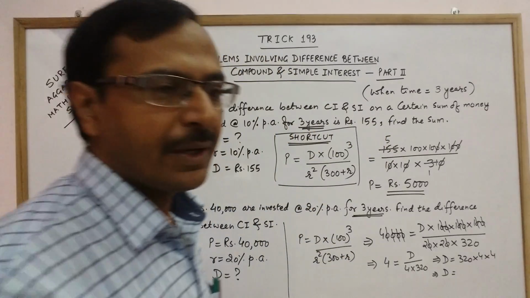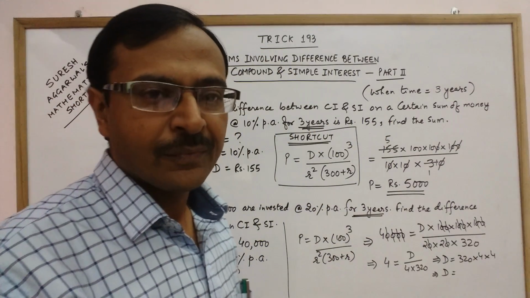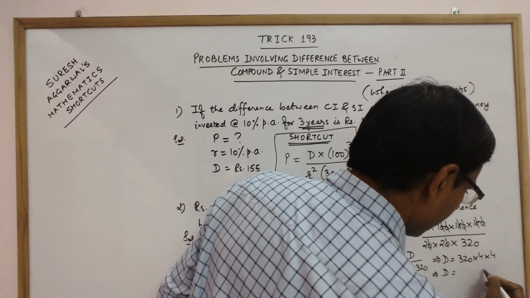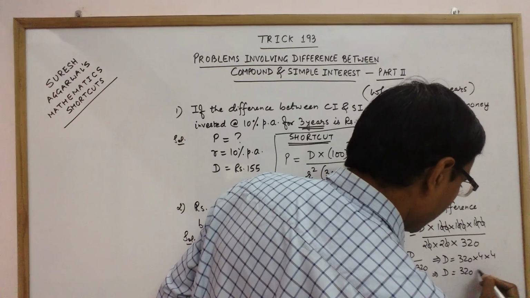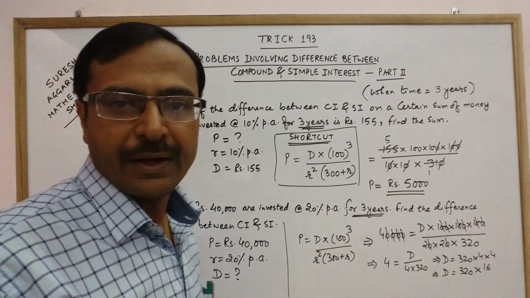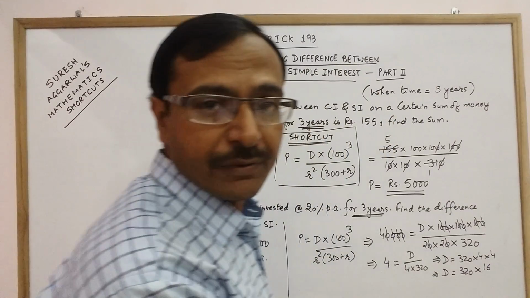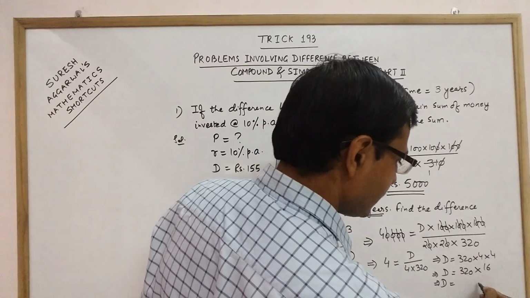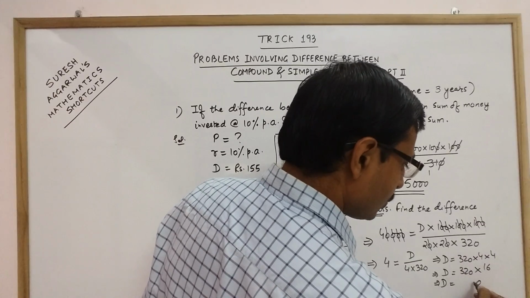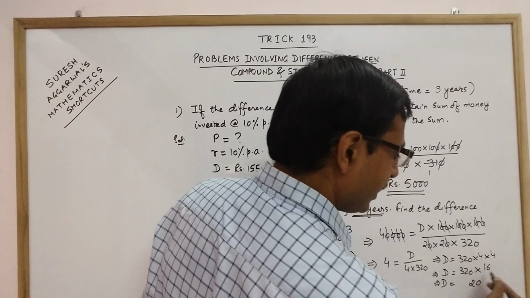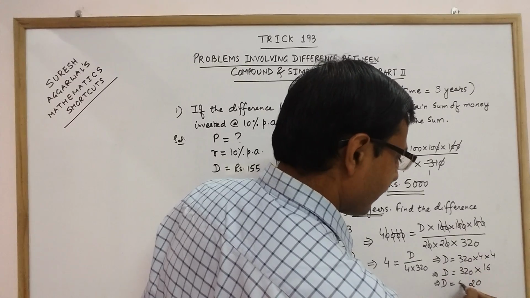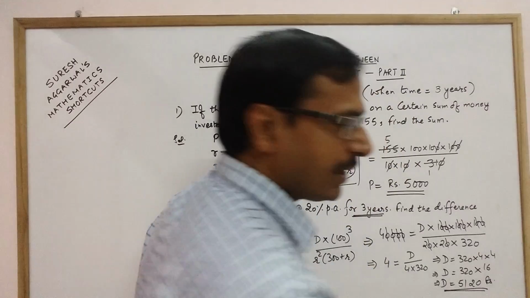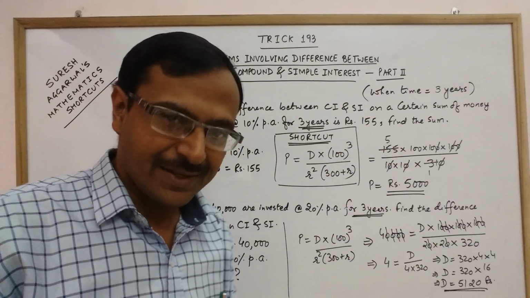A small calculation and you get your result here, 320 into 16, and when you solve this you will get your final result, that is D equal to 5120. So rupees 5120 is the difference between CI and SI.